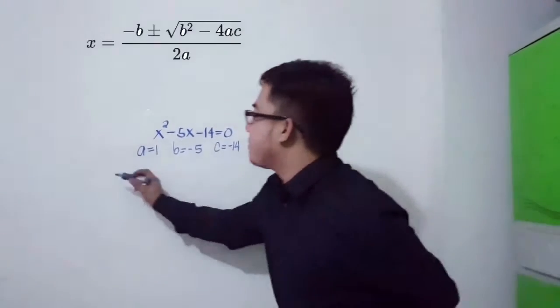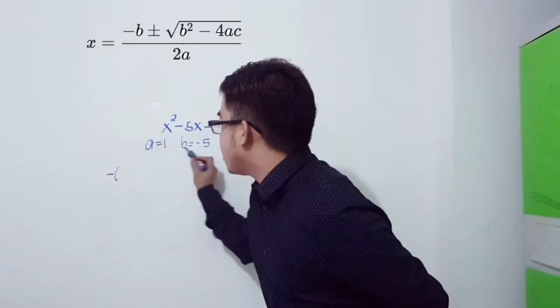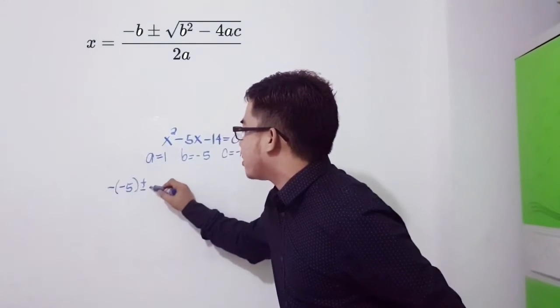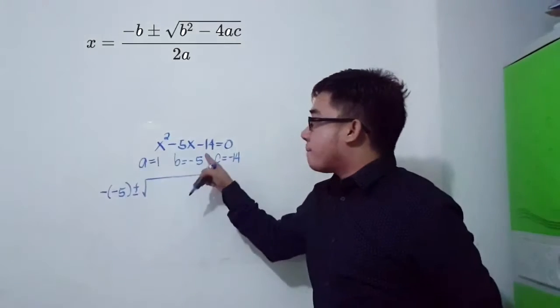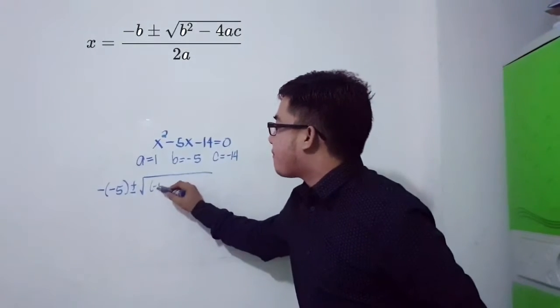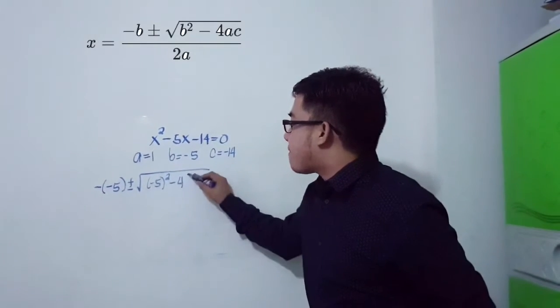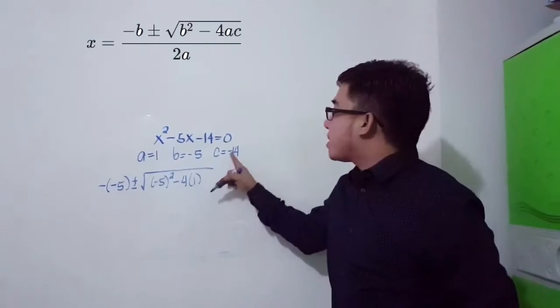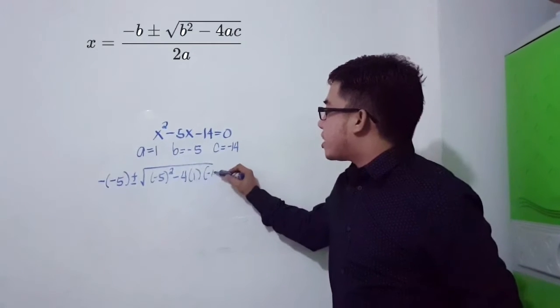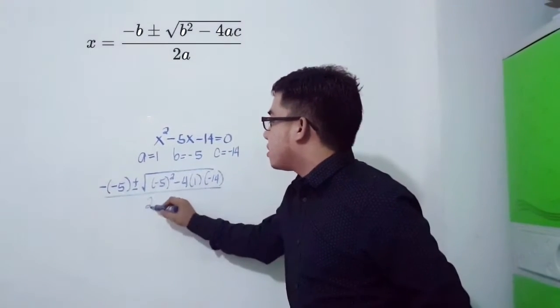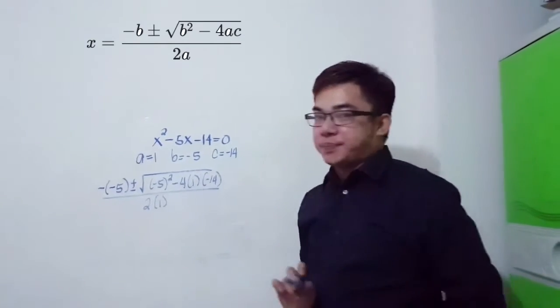So we will be having negative b, which is negative 5, plus and minus the square root of b squared, which is negative 5 squared, minus 4 times the value of a, which is 1, times the value of c, which is negative 14, all over 2 times 1.